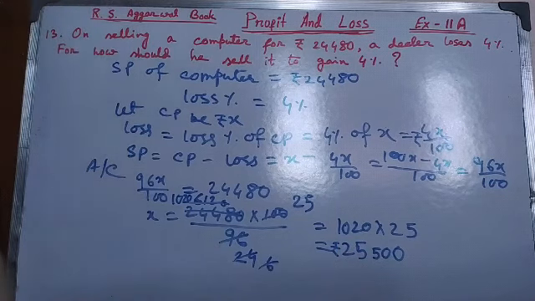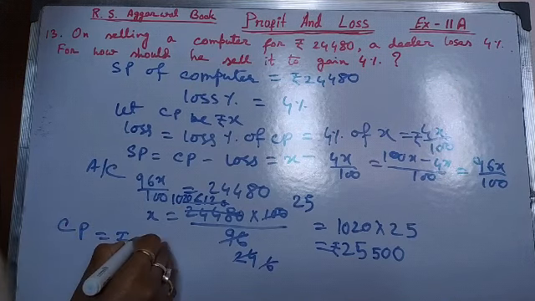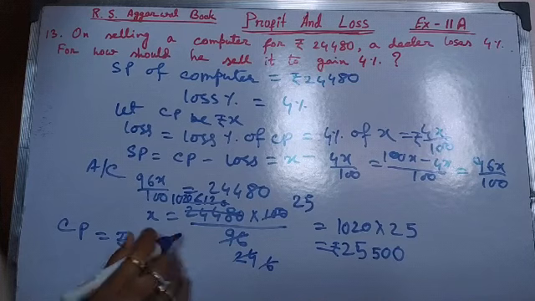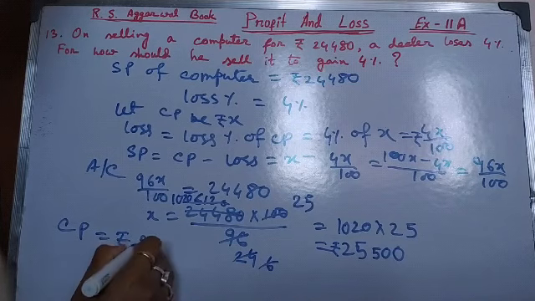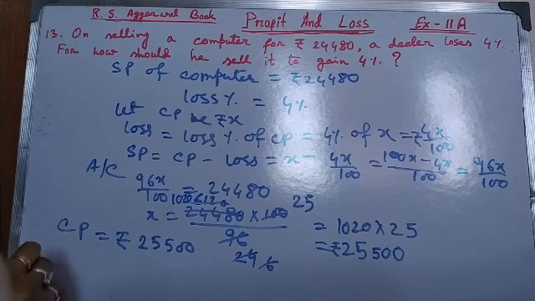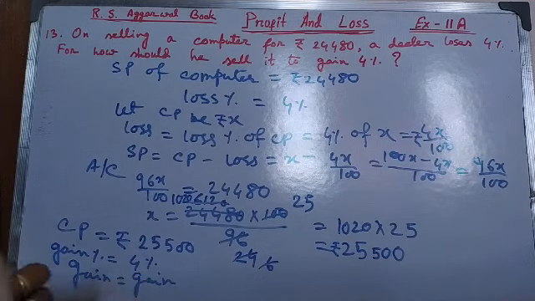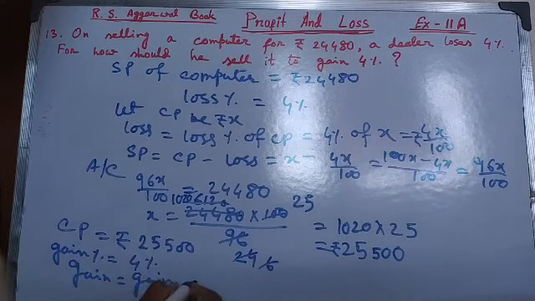Now let's see the SP when gain is 4%. So CP equal to rupees 25,500. Gain percent equal to 4%. So we will find out gain from here. Each and every time the formula should be written.